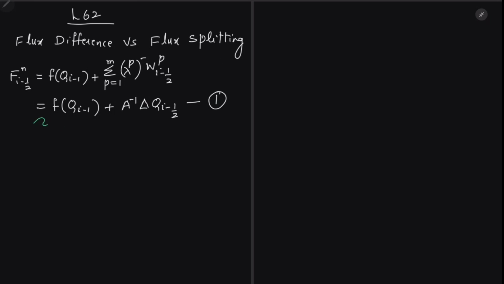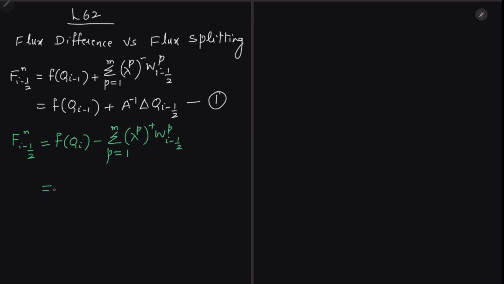Similarly, when we want to compute the flux at i minus 1 half, the contribution is coming from Q i. Then you need to subtract the positive waves, the waveform of positive values, W p at i minus 1 by 2.